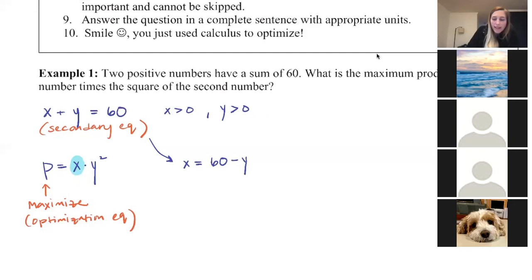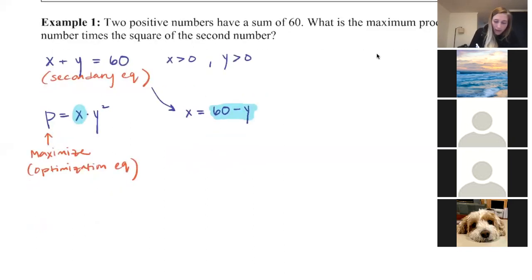which then we can take the 60 minus y and replace that x. So we would have P equals the quantity 60 minus y times y squared. And that's our optimization equation just rewritten.